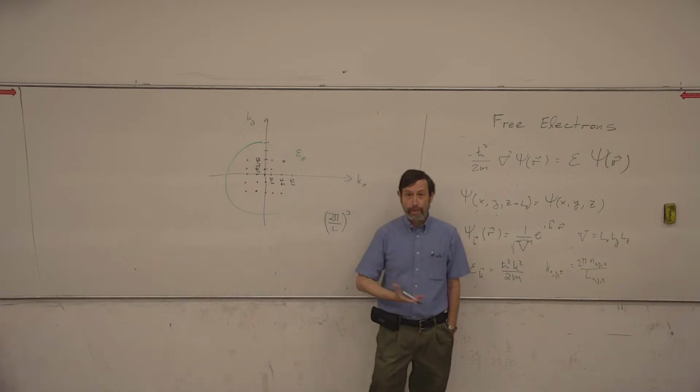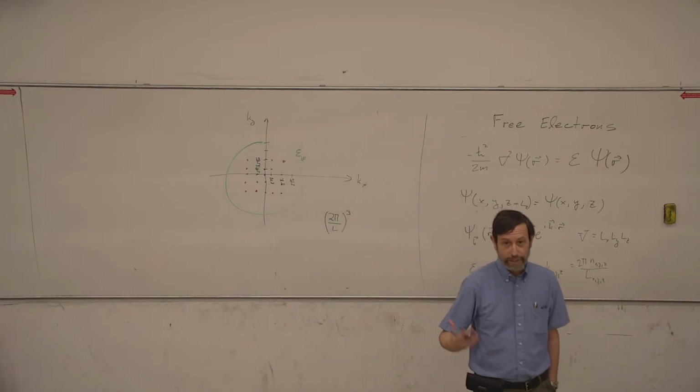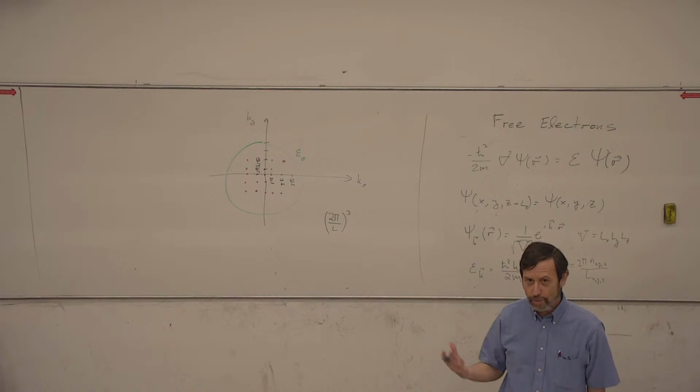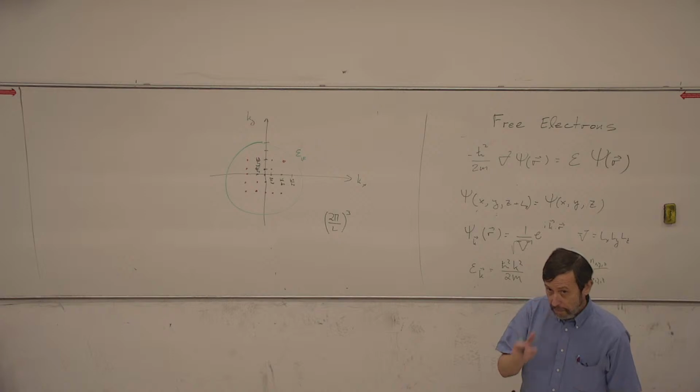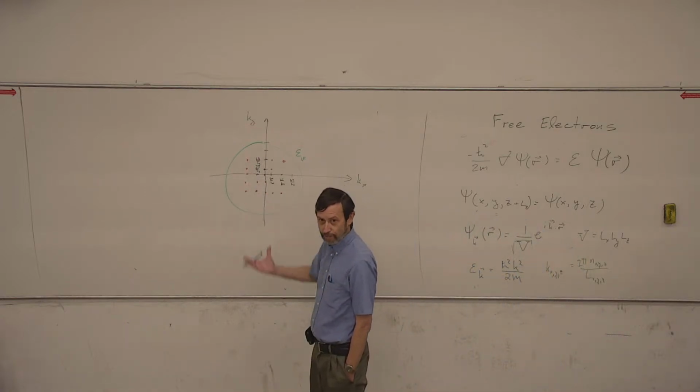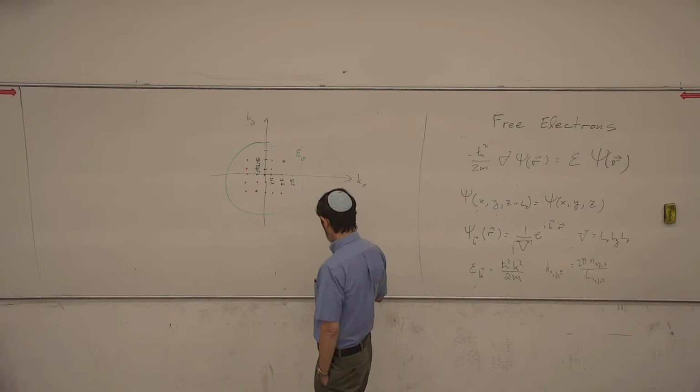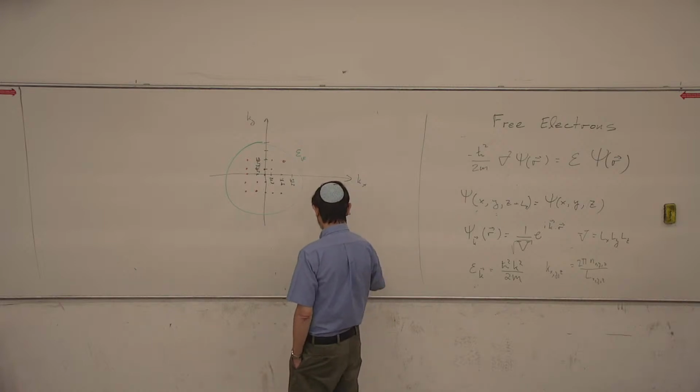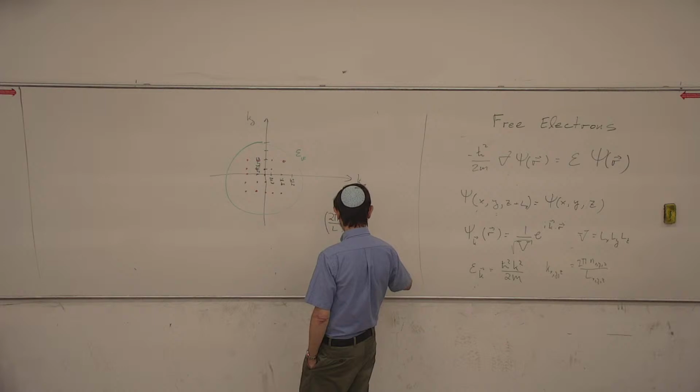You have one point for each volume unit of 2 pi over L to the third. Right, so the total number of points within a volume is the number.